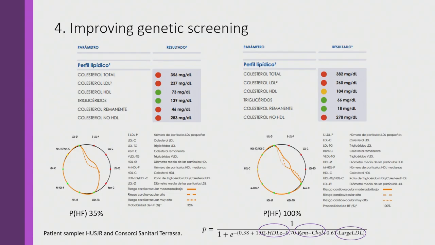And it's interesting to see that the clinical parameters are quite similar in two patients: 350 and 382 total cholesterol, similar LDL, similar HDL. But by using this test, we can see that in one of them there are very high levels of remnant cholesterol and not in the other. And so the probability of developing FH was different.